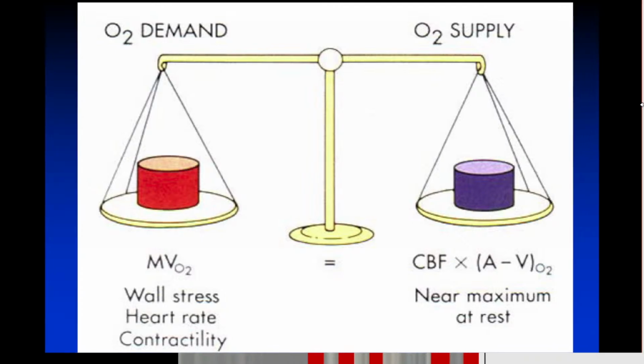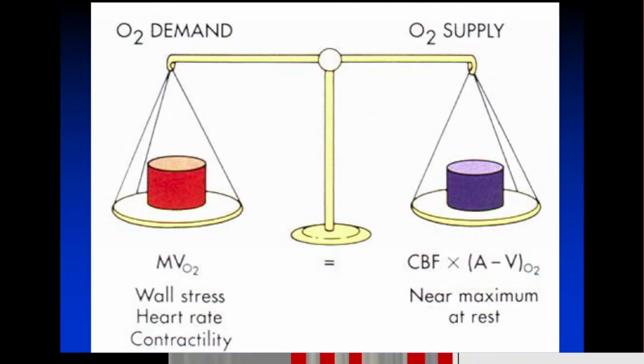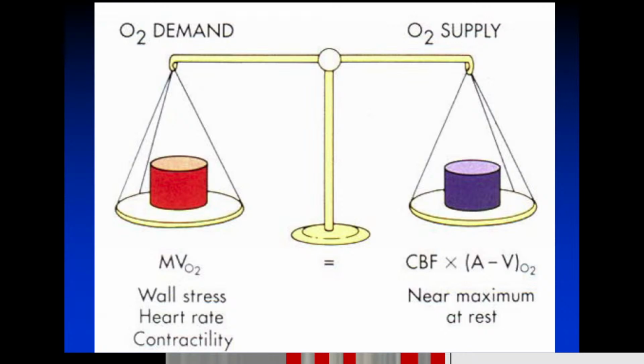It is insufficient oxygen supply to oxygen demand, and this insufficiency depends on the failed supply of the myocardium with blood due to atherosclerotic lesions and atherosclerotic stenosis of the coronary artery.